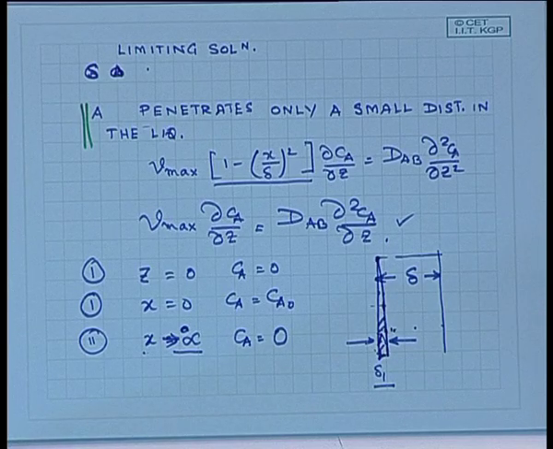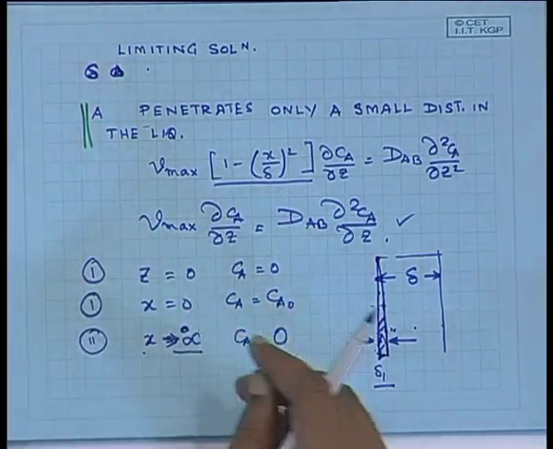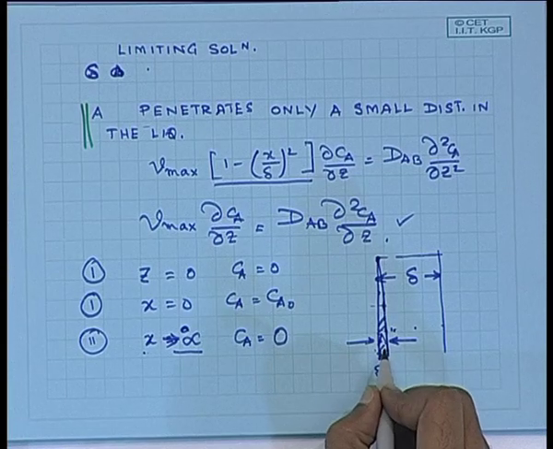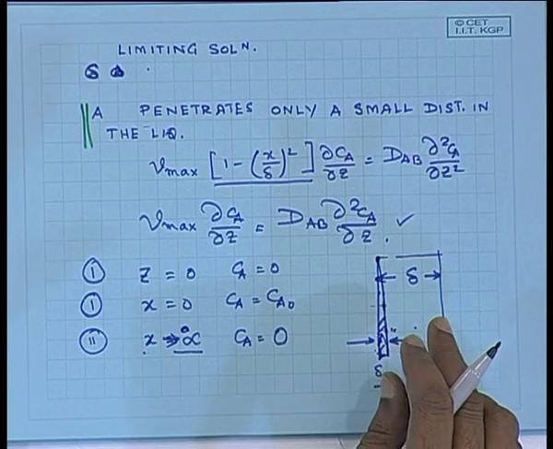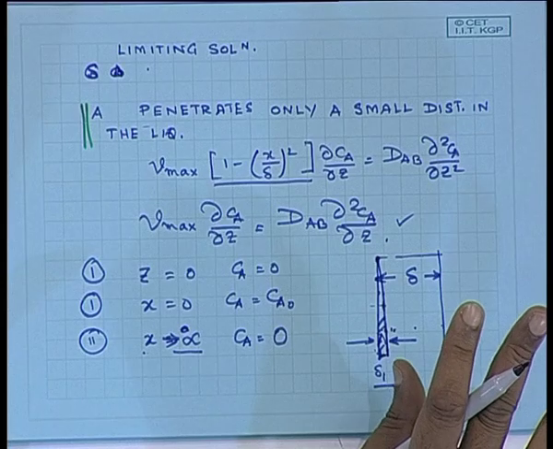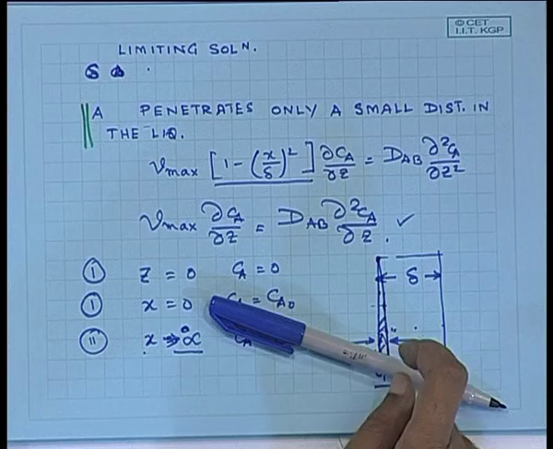D, the diffusivity. As the diffusivity is more, would you expect the thickness to be more or less? The penetration would be more. So diffusivity definitely will play some role. We are talking about probably two diffusivities here.